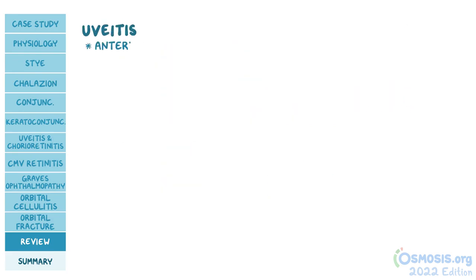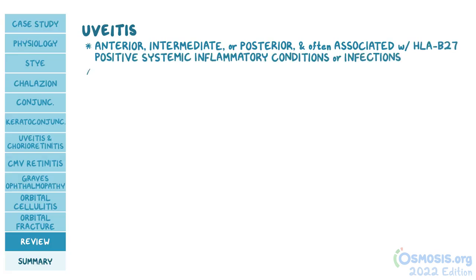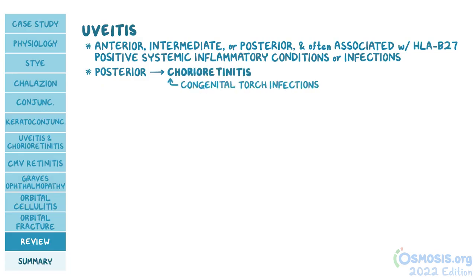Uveitis can be anterior, intermediate, or posterior, and is often associated with HLA-B27 positive systemic inflammatory conditions or infections. A form of posterior uveitis is chorioretinitis, which is most commonly caused by congenital TORCH infections.